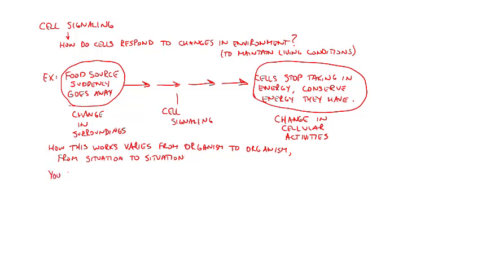So I'll highlight here what you should know are the common features. Okay, so you should know the common features of cell signaling. You should know how to identify them, if you're given a description or a diagram.